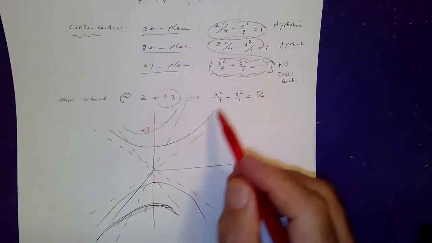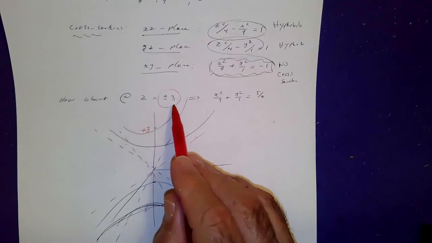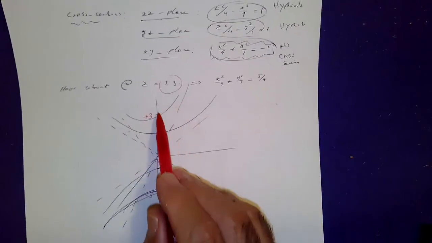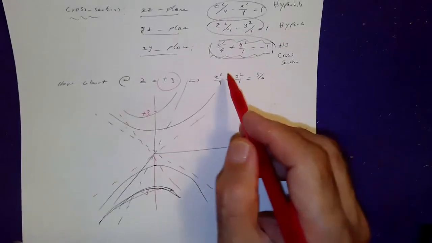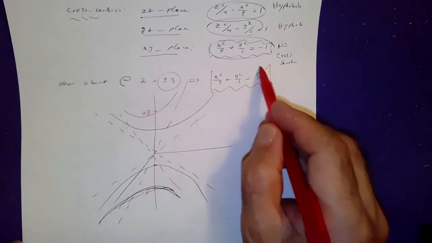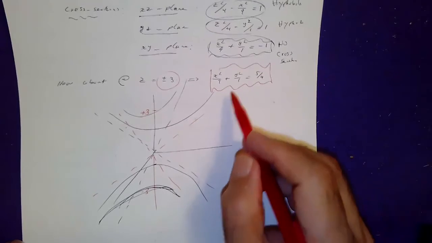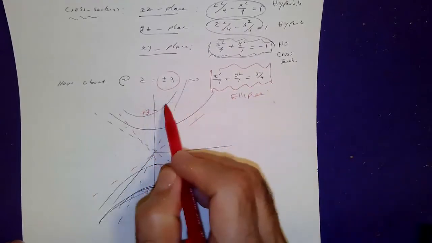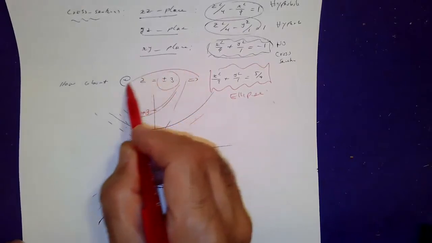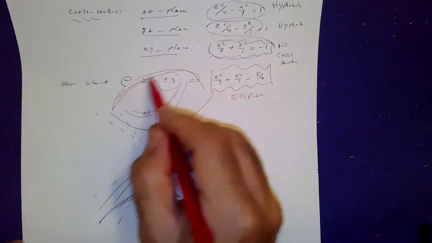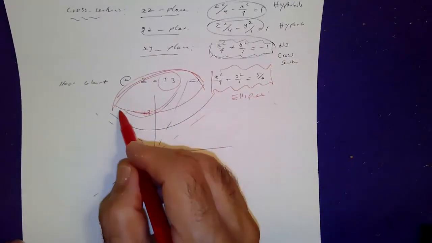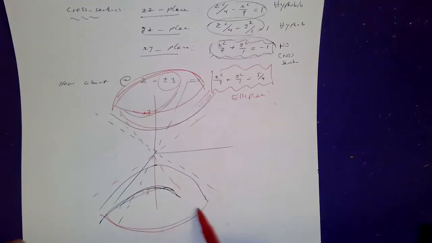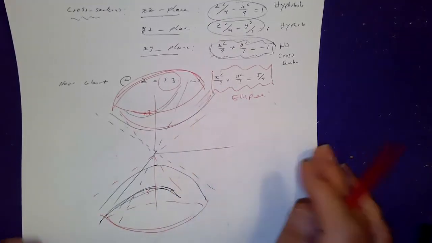Now remember, if you replace z with plus or minus 3 to see how the cross section of the surface looks at 3 or negative 3, notice I get x squared over 9 plus y squared over 1 equals 5 over 4, which is an ellipse. So what's happening is you get something like this, and you also get something like this.